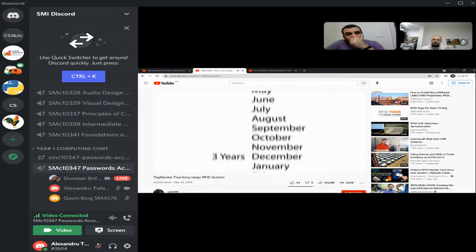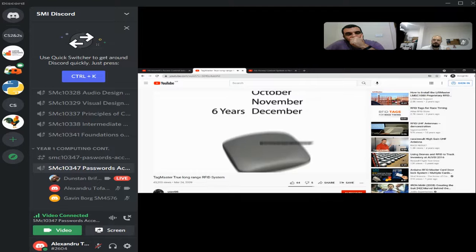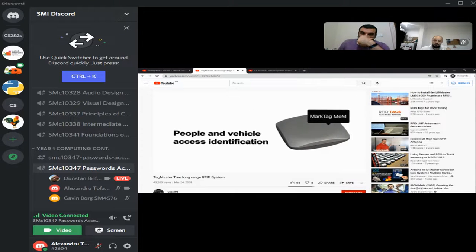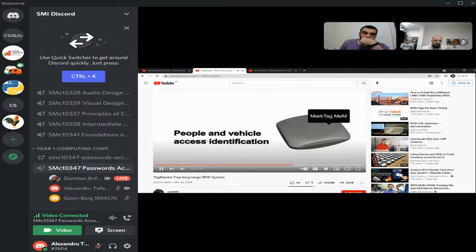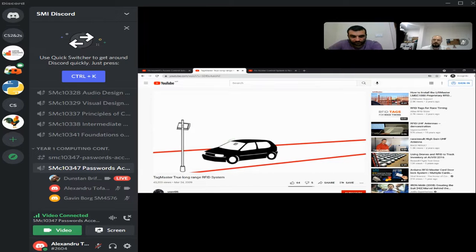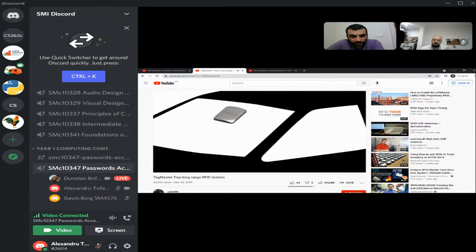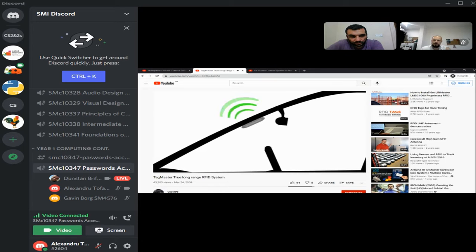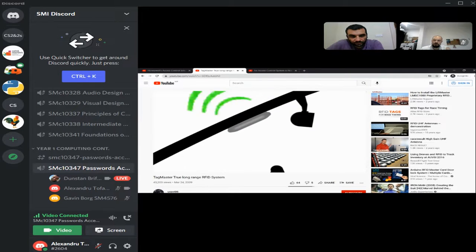Despite its small size, it has a wide range up to 14 meters and a 6-year nominal battery lifetime. The MarkTag MEM is perfect for AVI and people access applications with difficult demands requiring simple solutions. For vehicle identification, there is also the new tamper-proof ID tag MarkTag Max. The MarkTag Max is permanently attached to the windscreen and stops working if somebody tries to remove it.